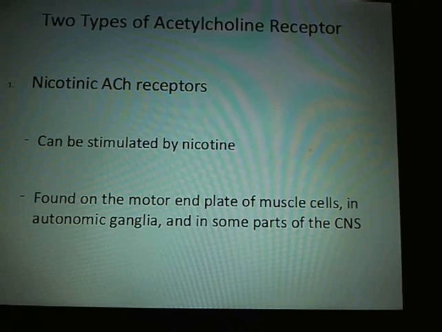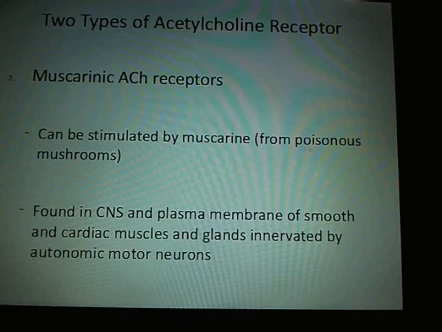You have two types of acetylcholine receptors: nicotinic, stimulated by nicotine, found in the motor end plates of muscle cells, autonomic ganglia, and some parts of the CNS. You have muscarinic acetylcholine receptors, stimulated by muscarine from poisonous mushrooms.